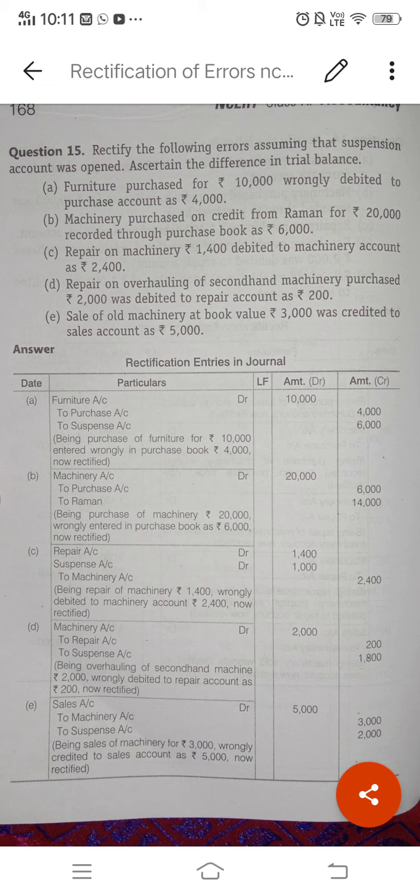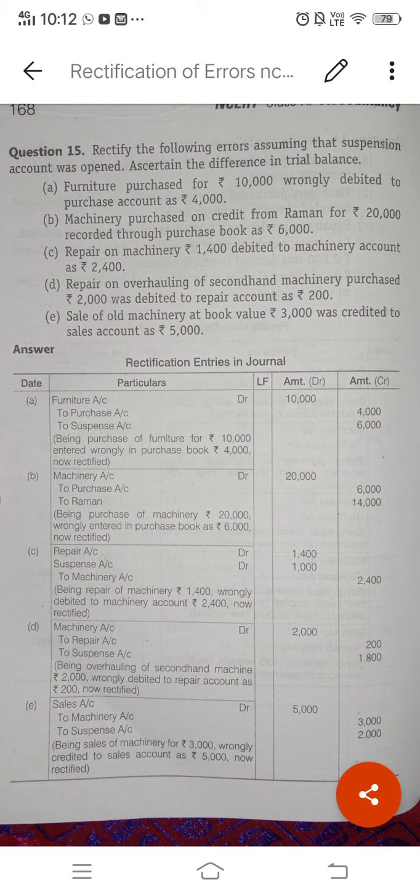That is repair on machinery or repair account. So we have to debit the repair account with 1,400. That is a wrong debit. To cancel, we have to credit the machinery account with 2,400. So the balance 1,000 rupees to be transferred to the suspense account, which is to be debited.